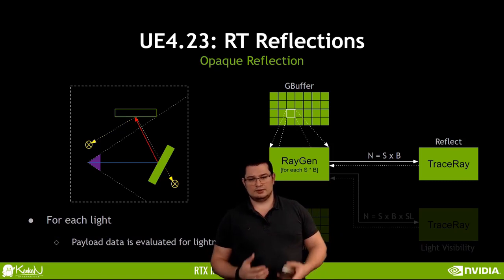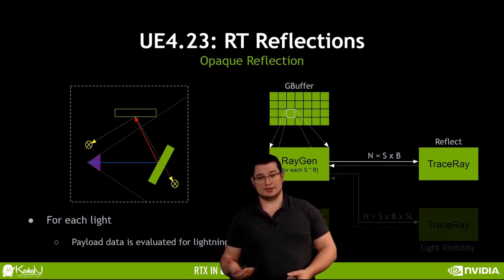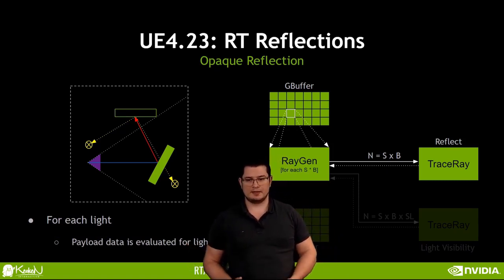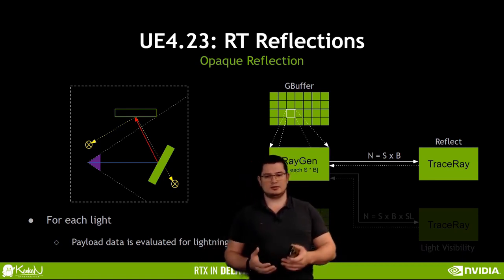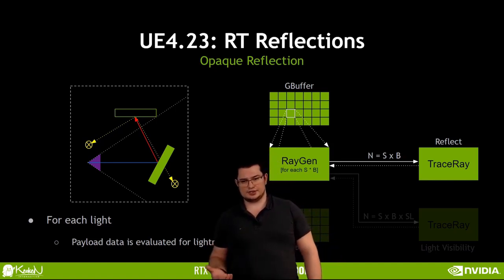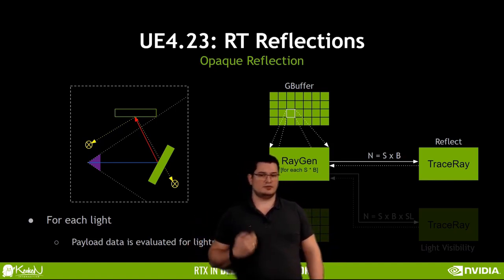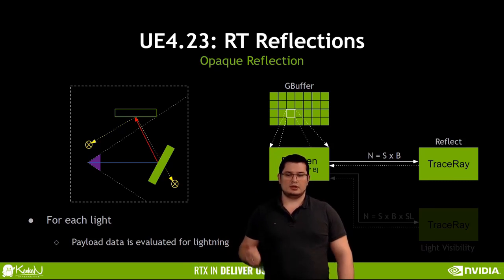When the data of that material is back in the RayGen shader, it is evaluated for each light. Once the payload package is back, each data is evaluated for lighting, and this is done for each light.